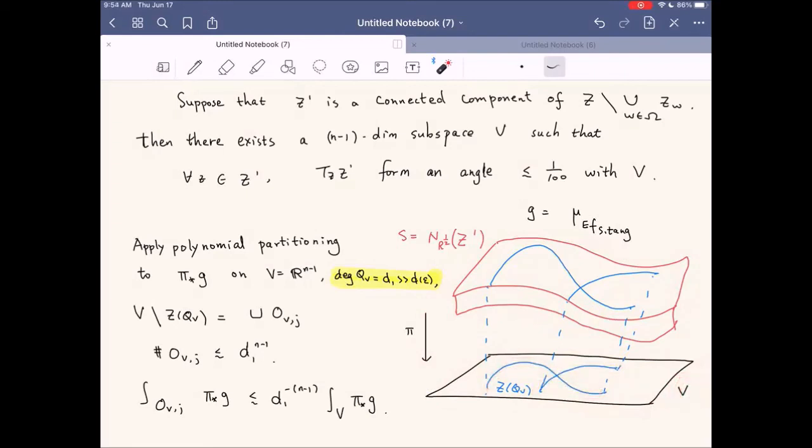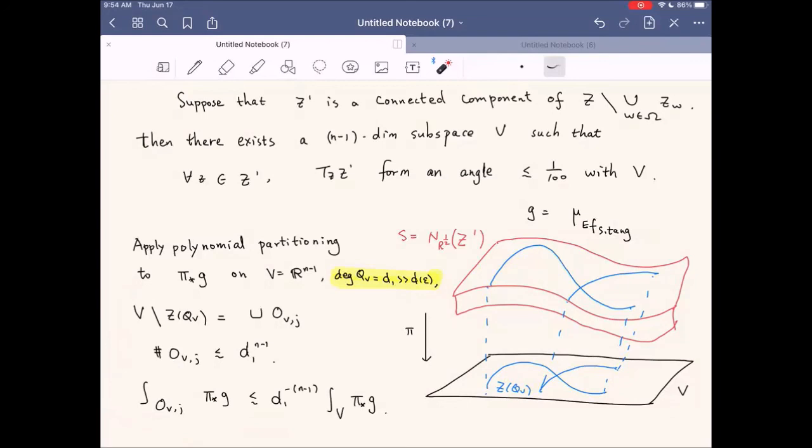The previous quantity is this BLP norm, and then we can project the BLP norm to be a function on the (n-1)-dimensional plane, and we apply polynomial partitioning. And the cells downstairs will be a cell upstairs.